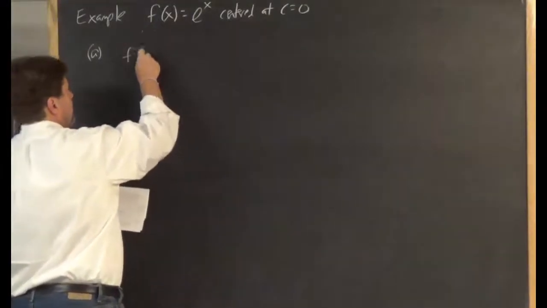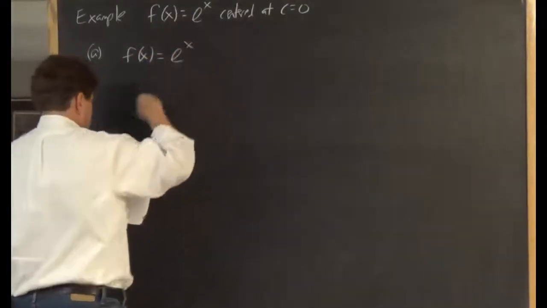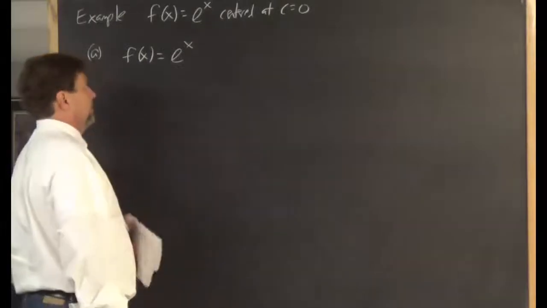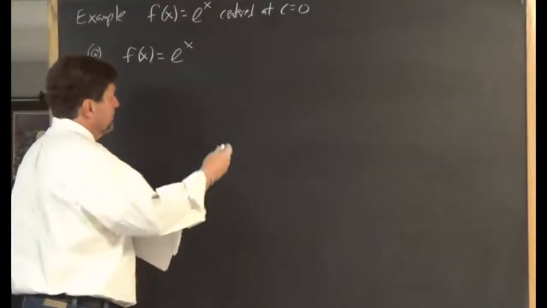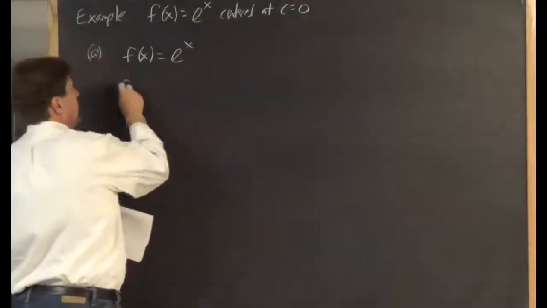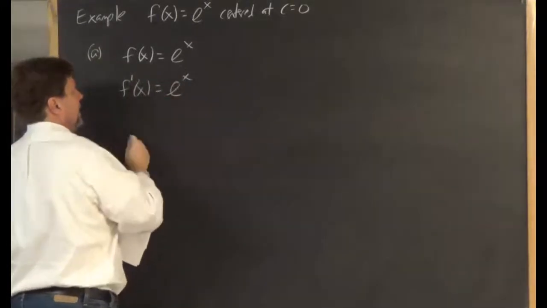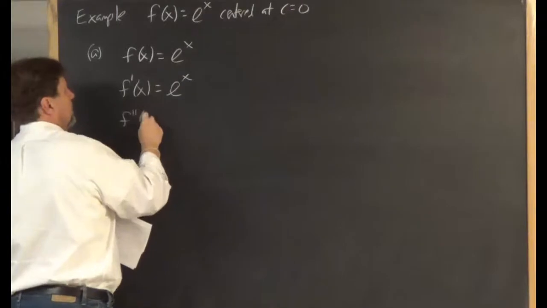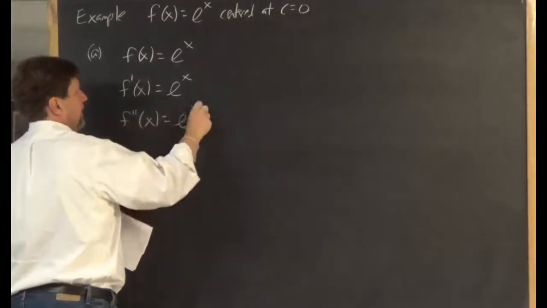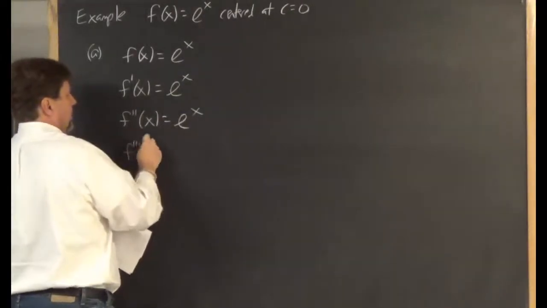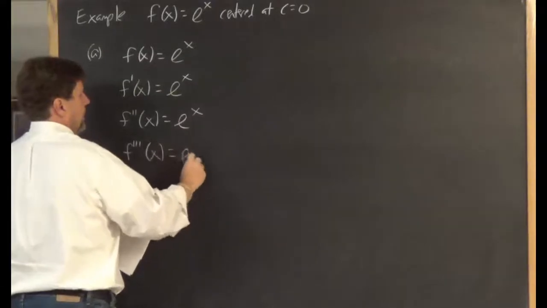So here's how I begin. Write down the function. Your function is e to the x. Let's write down the derivative. It's e to the x. Second derivative, e to the x. Third derivative, e to the x.